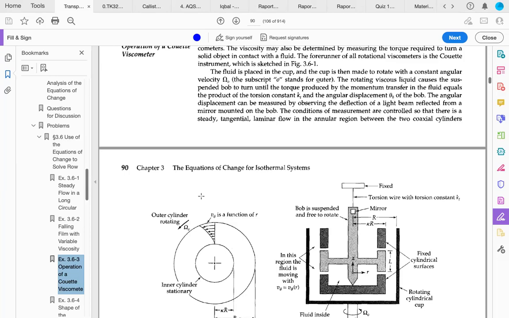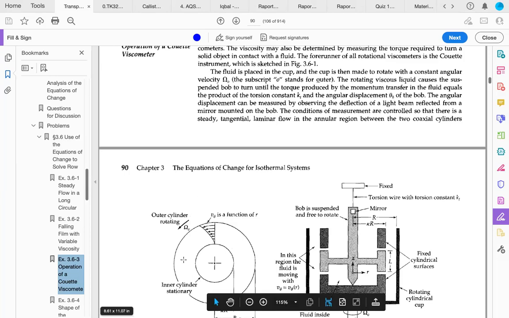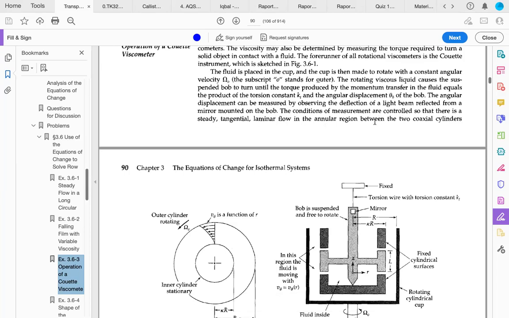The angular displacement can be measured by observing the deflection of a light beam reflected from a mirror mounted on the bob. The measurement is also controlled so that there is a steady tangential laminar flow in the annular region between the two coaxial cylinders.